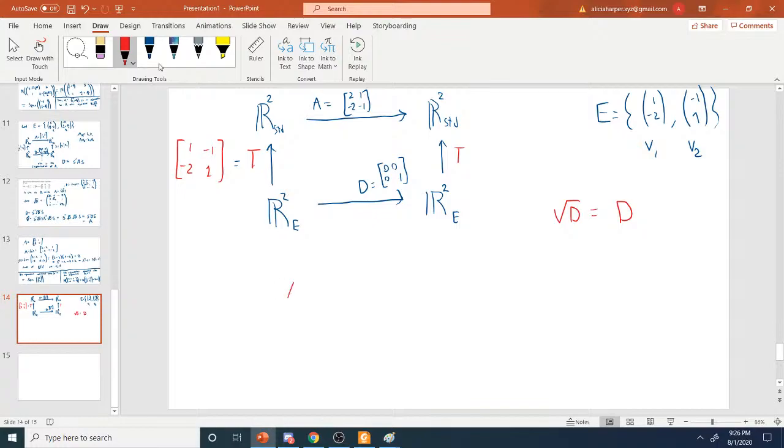So, since A is equal to D, T inverse on the right, and then T on the left, we actually have to have that this is equal to T square root of D, T inverse, which means we should have that A squared is equal to A. Let's check that that's true, and if it's true, then we're done.